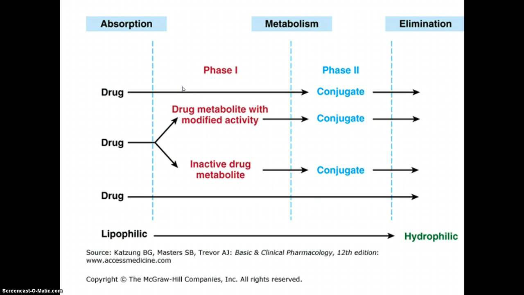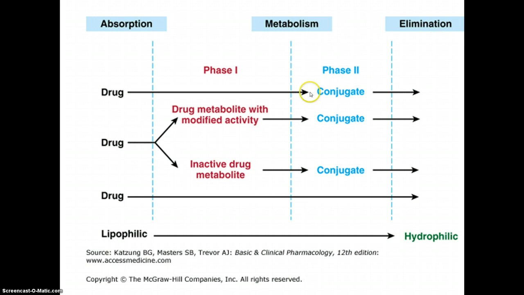Very often, we see that metabolism involves multiple chemical steps to change the character of the parent compound in a stepwise fashion. So if we look here, we've got phase 1 reactions that then further undergo phase 2 reactions, which can then be eliminated.